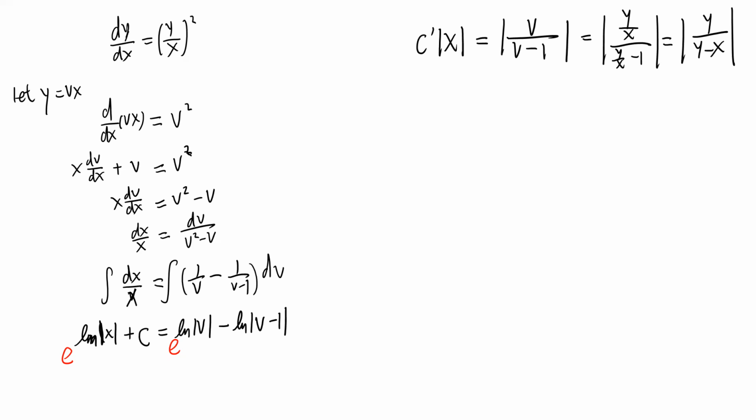But let's say we just consider both to be positive. In that case, what you have is just this, and then eventually you can put y as the subject and find y as a function of x.